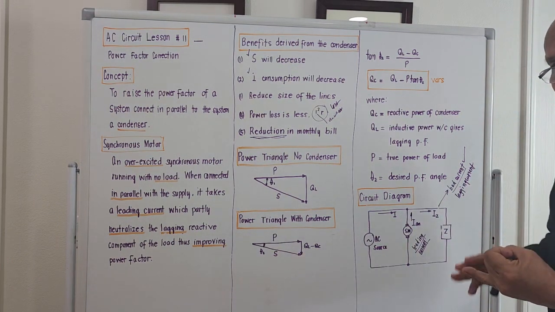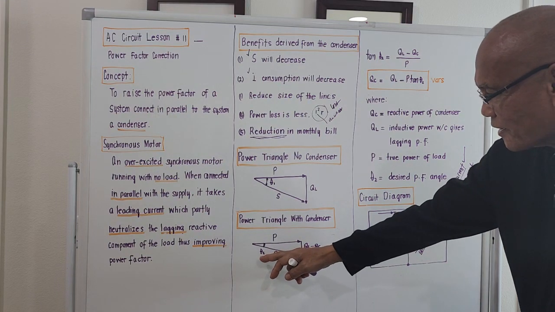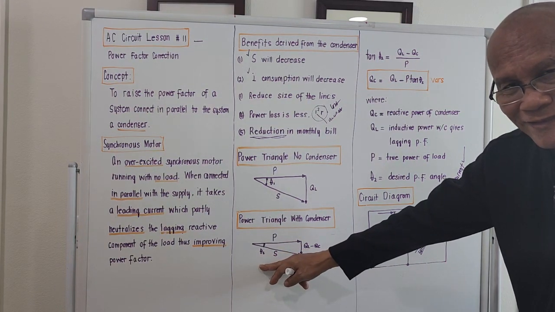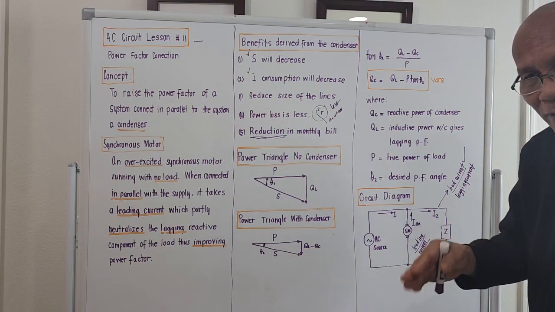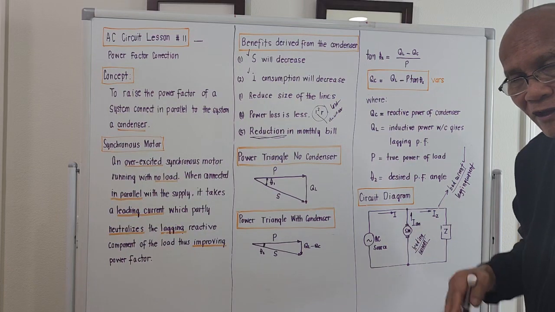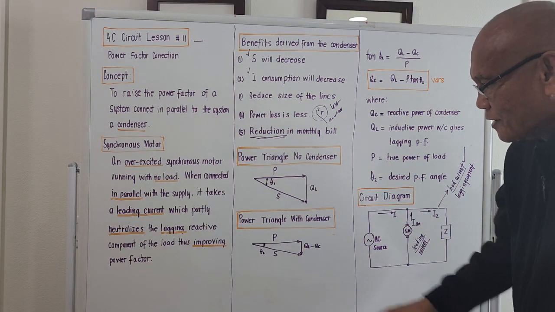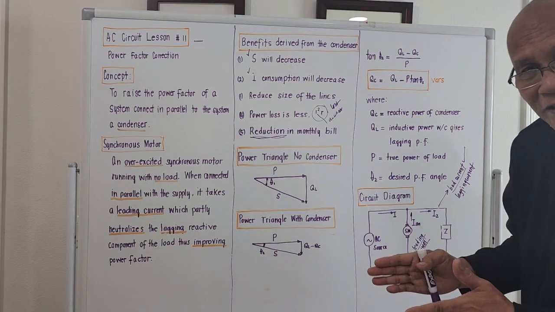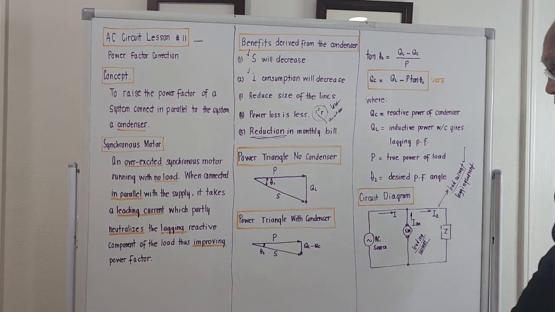If you want your power factor to be 90%, just place this angle theta to be 0.9. Because if it's 0.5, that's bad. If it's 0.6, that's bad. If it's 0.7, it's bad. But if you design it such that the value is 90%, meaning it is 90% effective, that's very good.